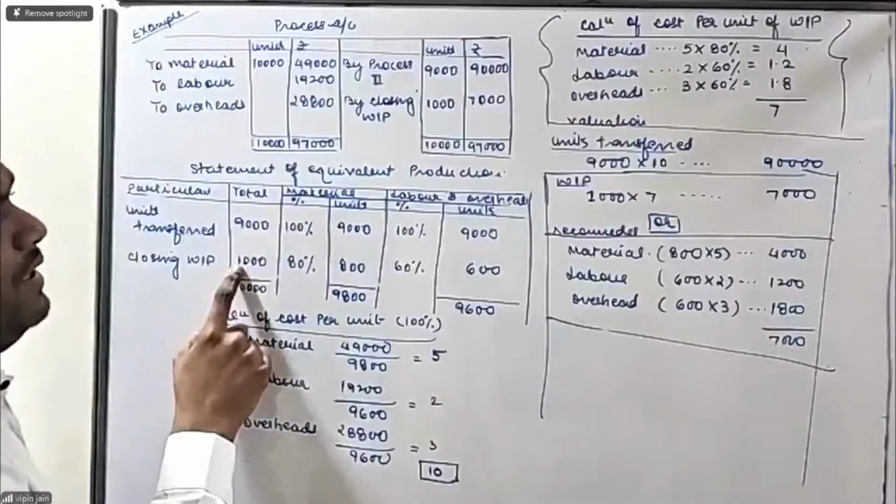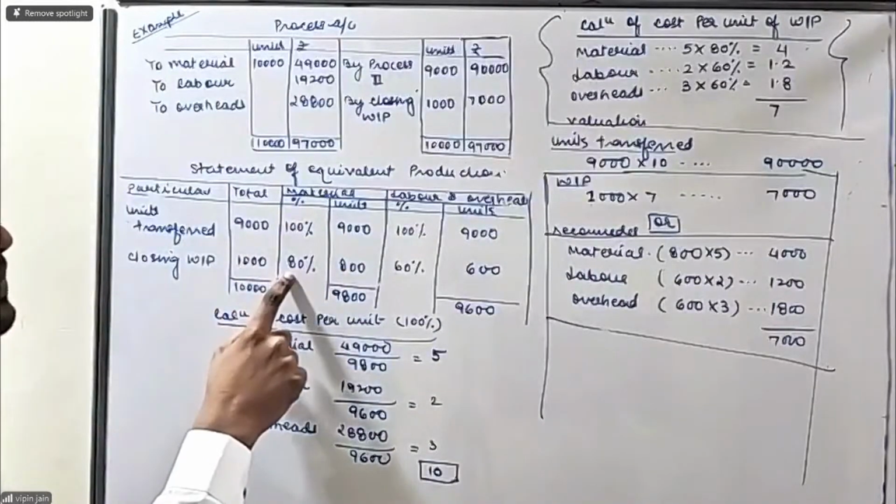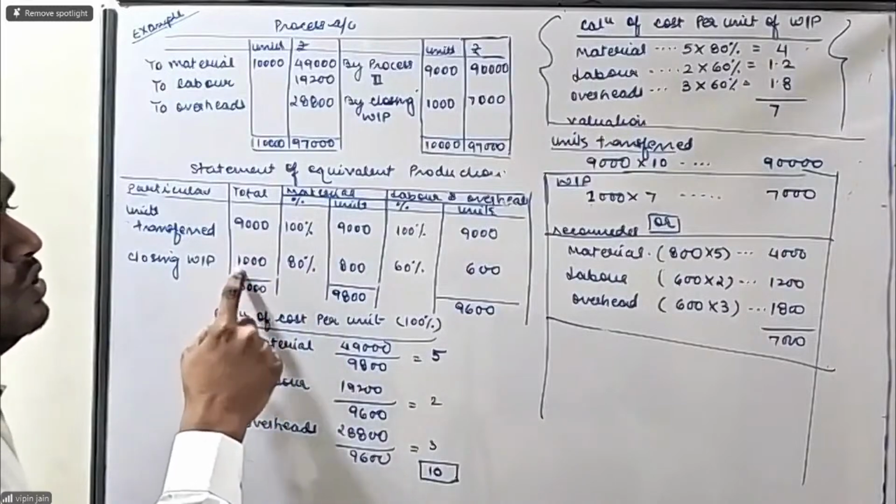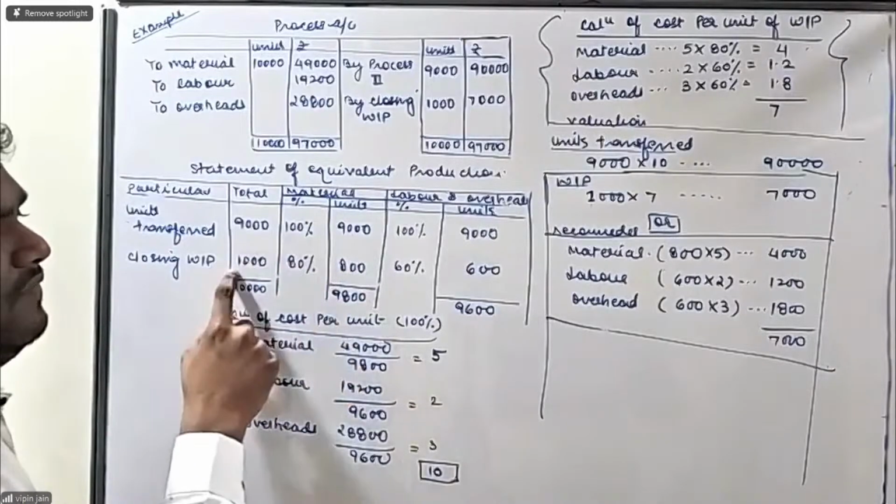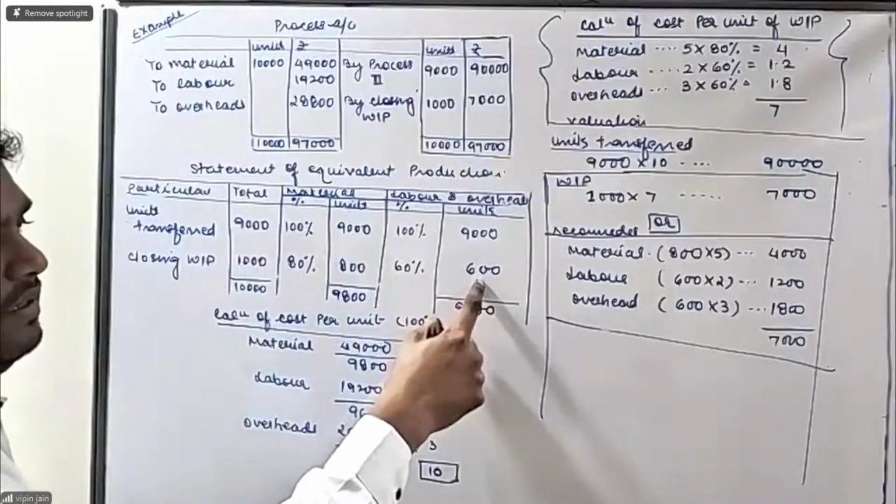Bhavna, 1000 units are 80% processed in respect of material. So 1000 into 80%, 800, and 1000 into 60%, 600.